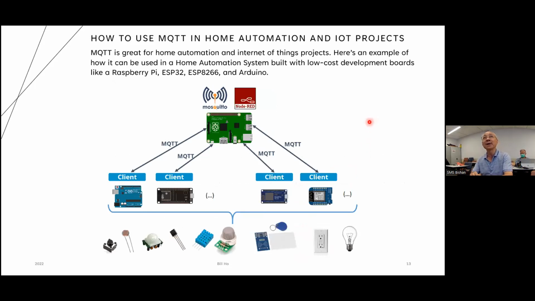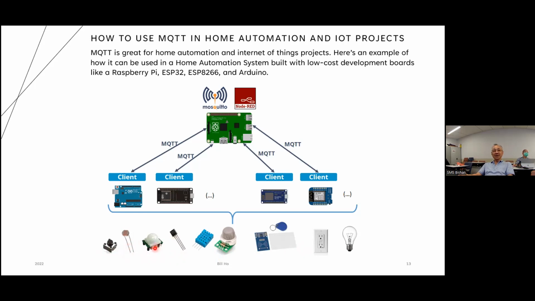Here we'll show you, typically, how MQTT in a home automation and IoT project is connected. You have a whole array of sensors. These are sensors, can be switches. This is the light sensor.